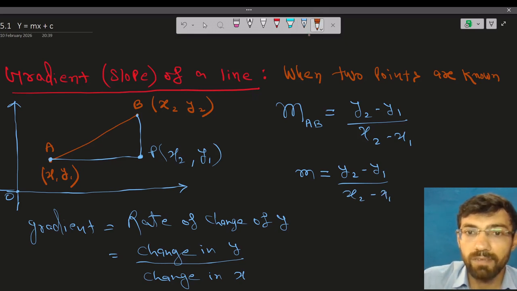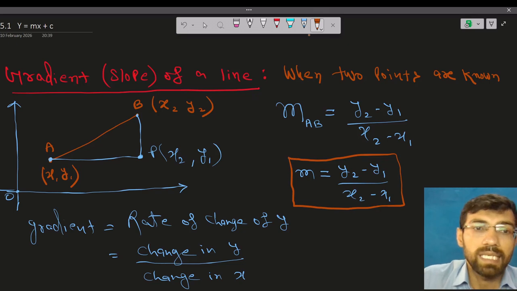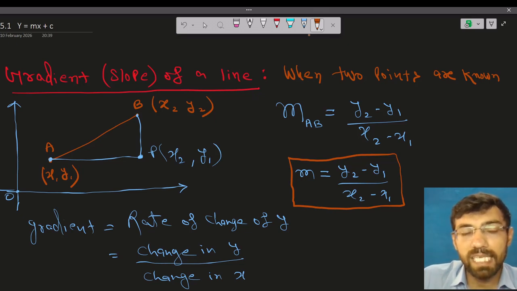Here one note point we will have to understand. See, here we subtracted y2 minus y1 upon x2 minus x1. You can do it this way also: y1 minus y2 upon x1 minus x2. Just note that in whatever sequence we subtract our y coordinates, in the same sequence you have to subtract the x coordinates.